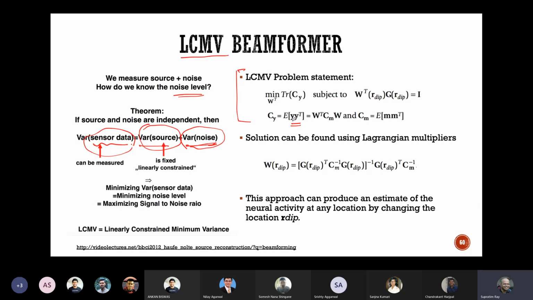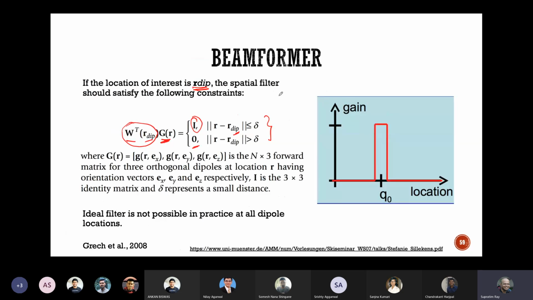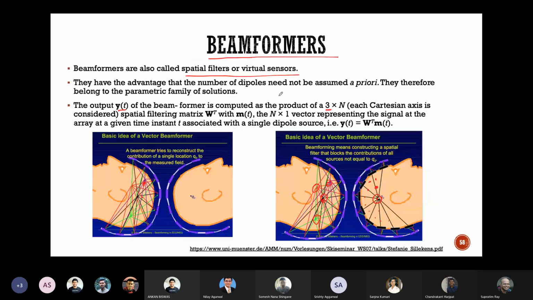Sorry, Y is not the data. Data is M. Y is W transpose M, which is your estimate of this source. This thing here, Y, is your estimate of the output. It's a 3x1 matrix here.